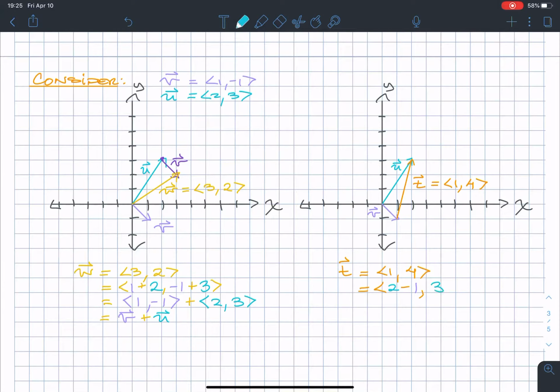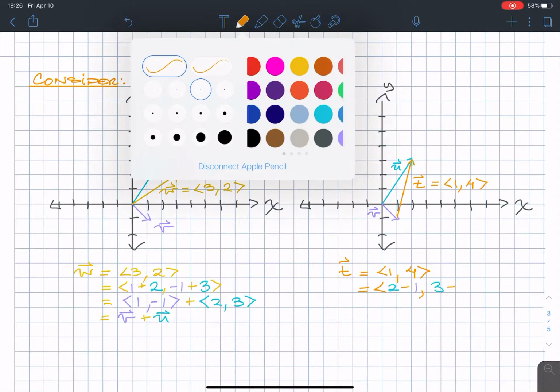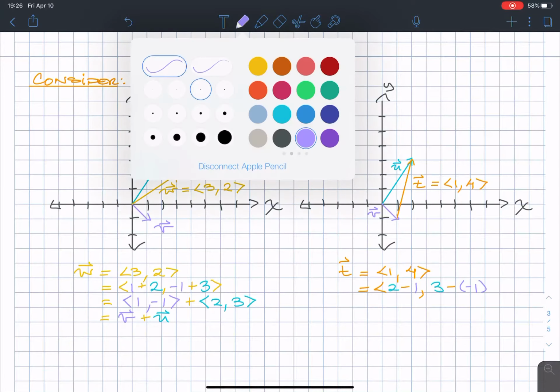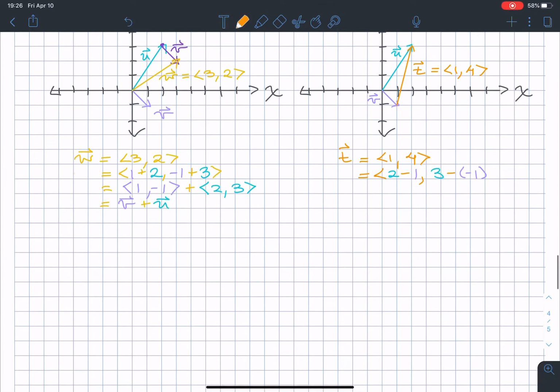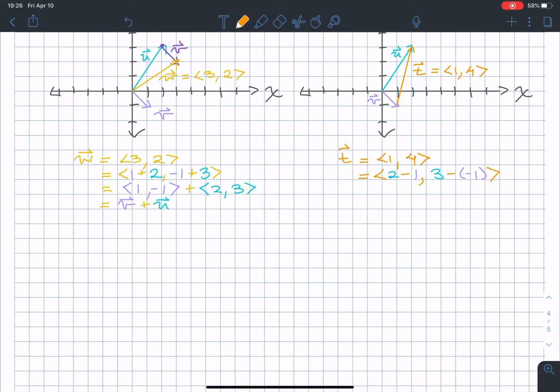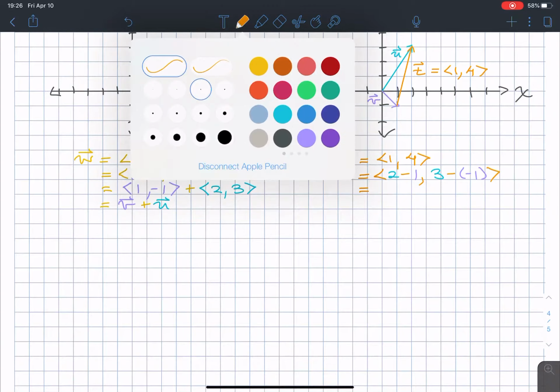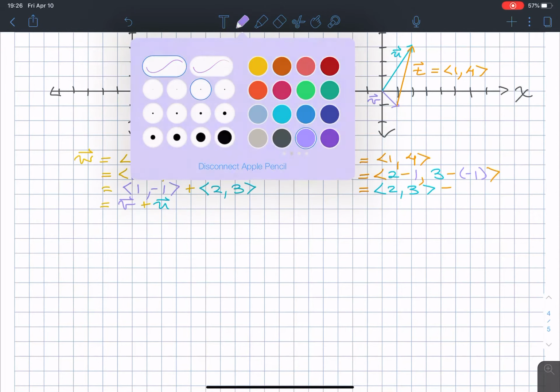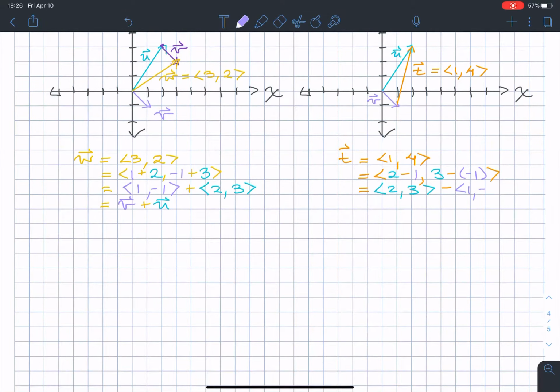So I can rewrite this as 2, 3, from which I'm subtracting 1, -1.